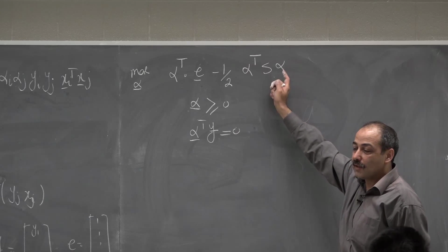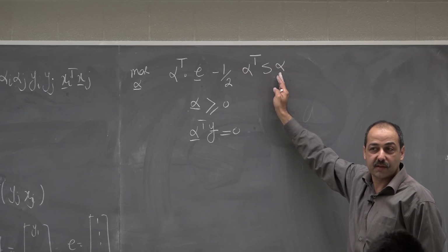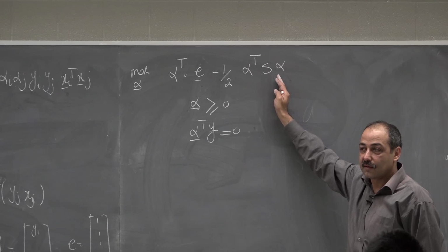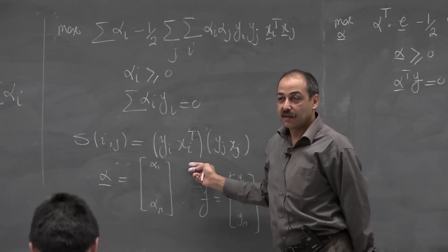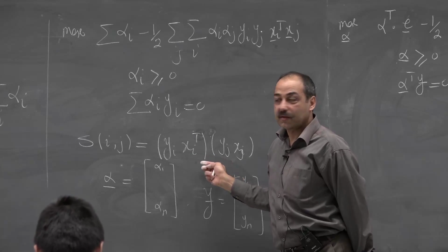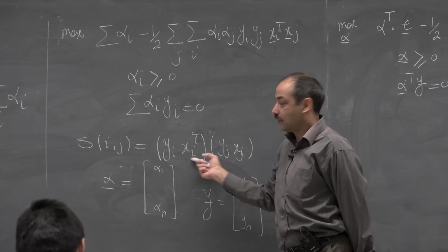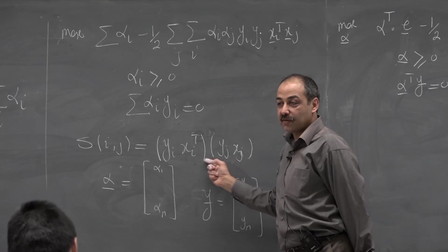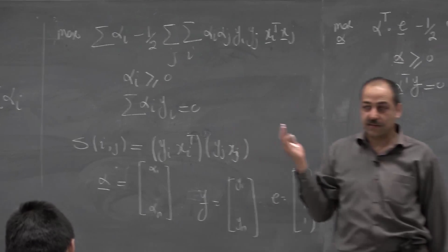Can we say that S for sure is positive semi-definite in this case? By construction, it's positive semi-definite, because of the way I made S as a multiplication of these two matrices.